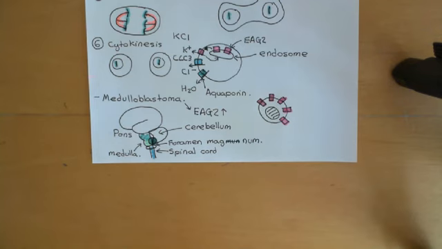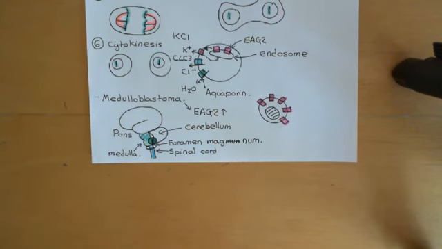Okay, so what that tells us is something must orchestrate this movement of the ether-a-go-go 2 from the endosome to the plasma membrane, and make sure that it only goes to the plasma membrane at that exact period where it's needed there during the M phase. Okay, and we don't know what that currently is.